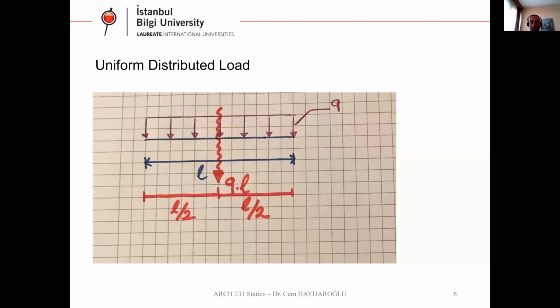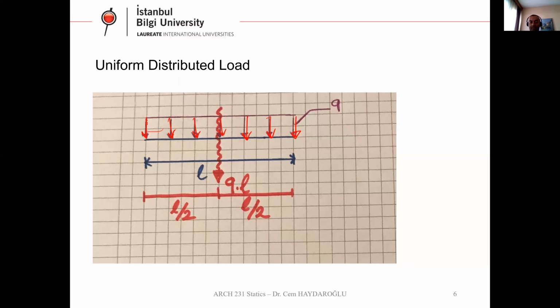The number of these arrows is not important. Don't try to count these arrows one by one. This is just a sketch.